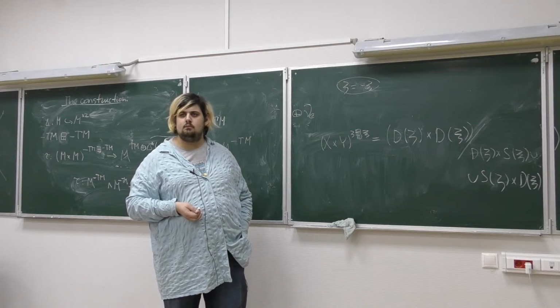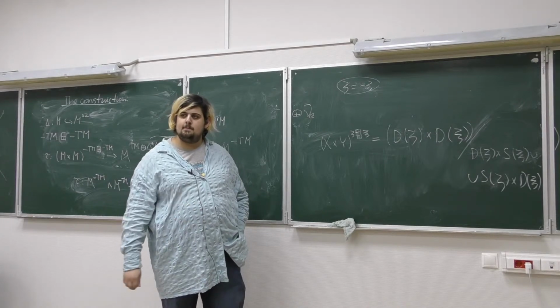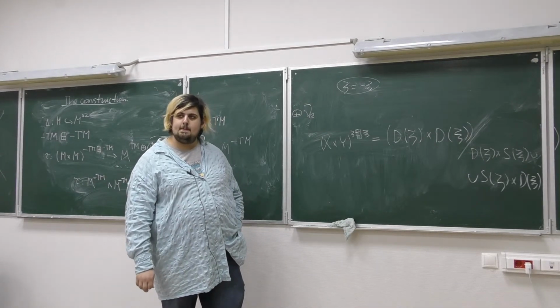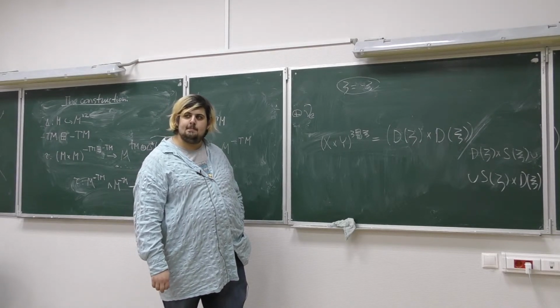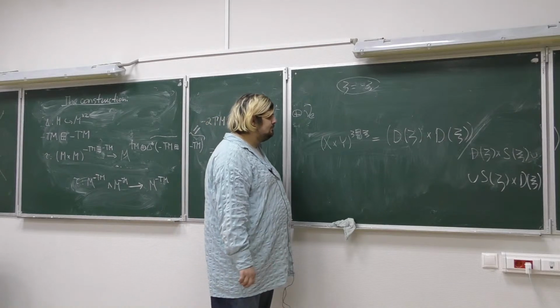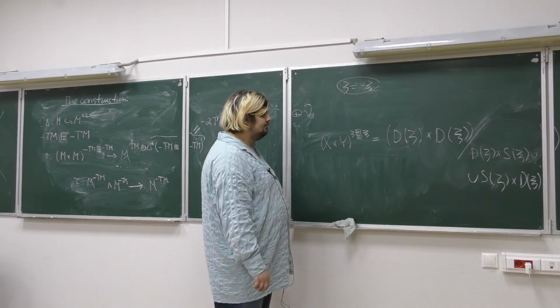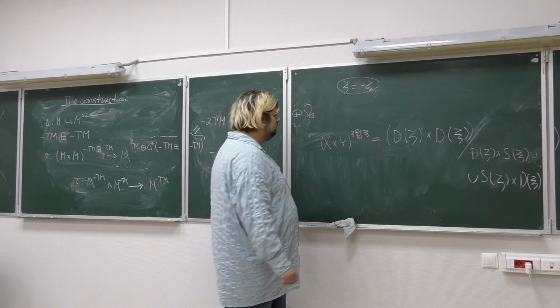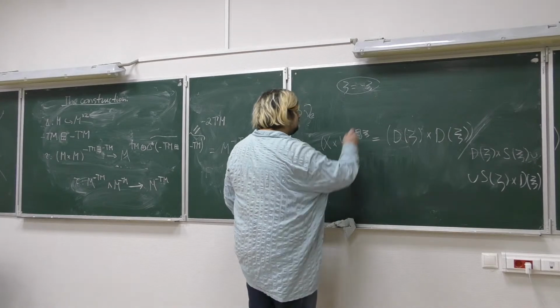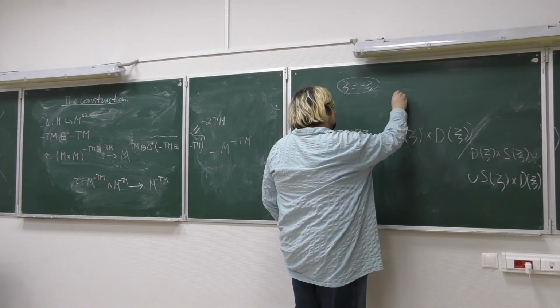Do you mean suspension spectrum? Well, we did define the Thom spectrum of the negative of a bundle, and then we claim that the same is true if I replace psi and zeta by the negative of the spectrum.